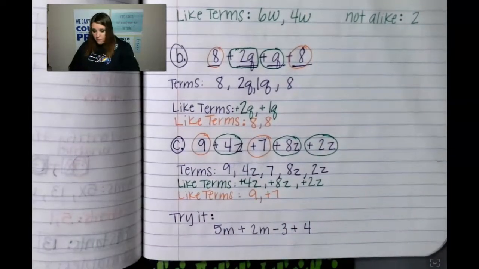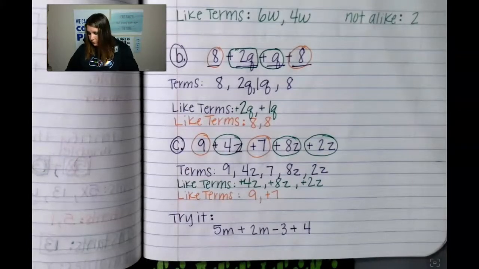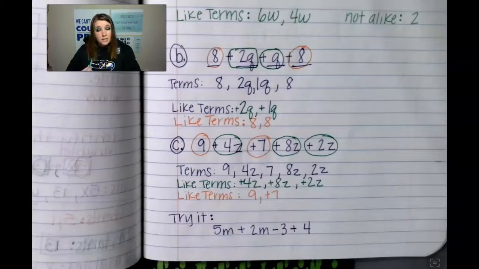Okay, find the like terms. And then I want you to hit pause right now so that you don't hear me solving this problem. And then when you're done, we'll go over it. Okay, so hit pause.